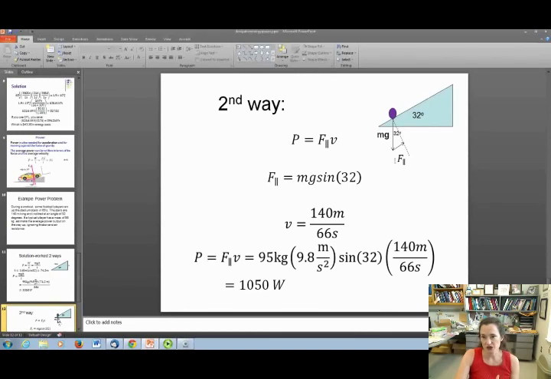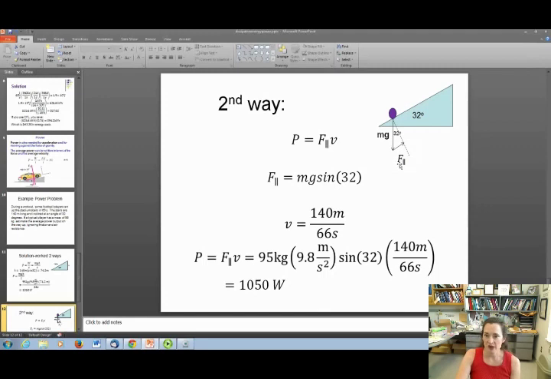So mg points straight down towards the center of the earth, but the football player puts out a force parallel to your incline, okay? So the force that he has to put out, if you ignore friction and air resistance, which you really shouldn't do, but let's do it for now, that would be this little leg of this right triangle here, okay? So that would be the component of mg that's up the incline.